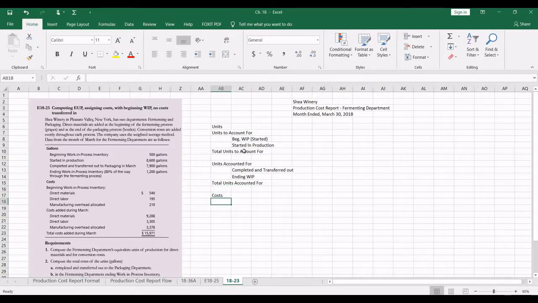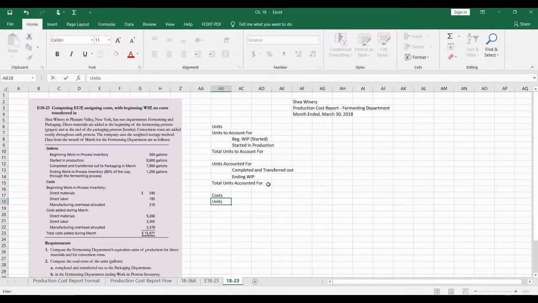The costs are exactly the same as the units, except we're going to replace all the words units with costs. And that should complete our worksheet with the exception of 2 lines that come after this first set of costs. So let's go ahead and fill that in.